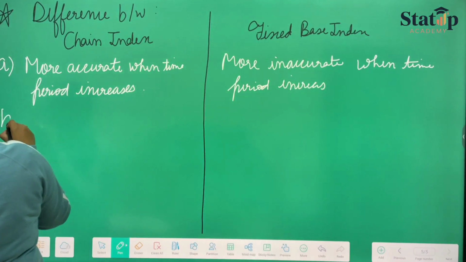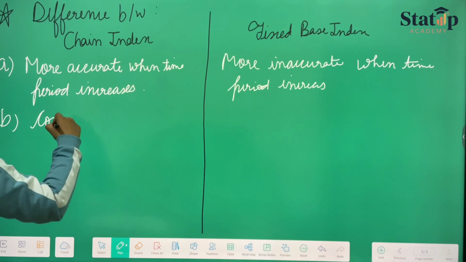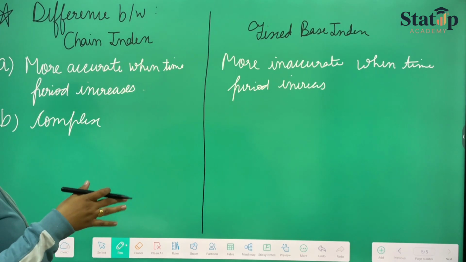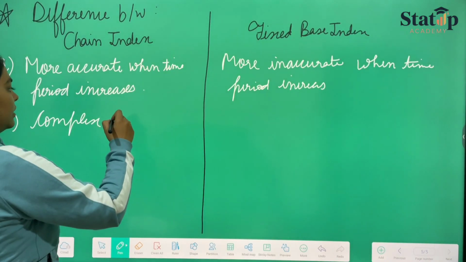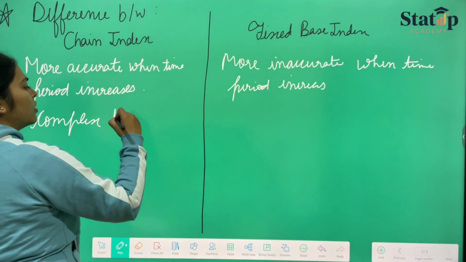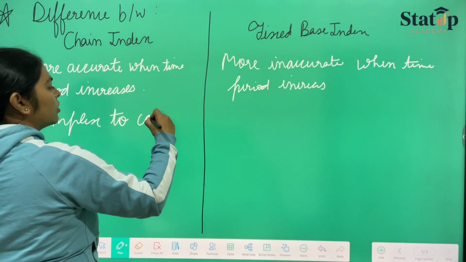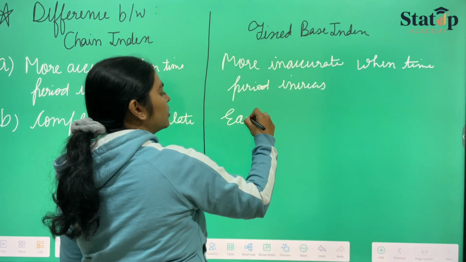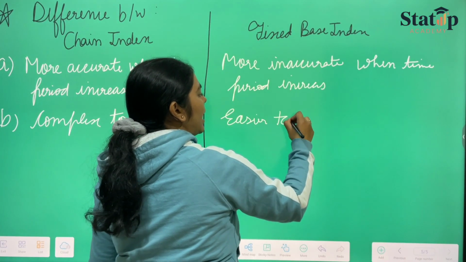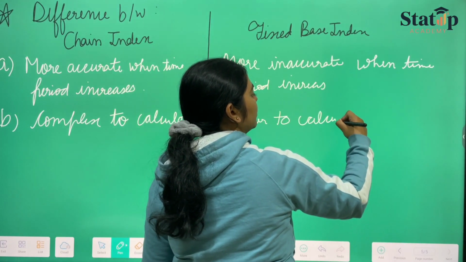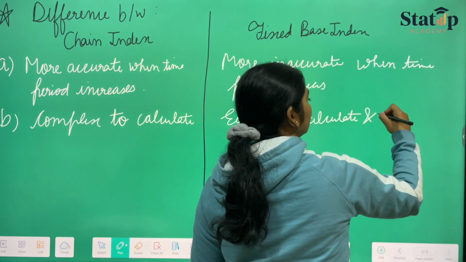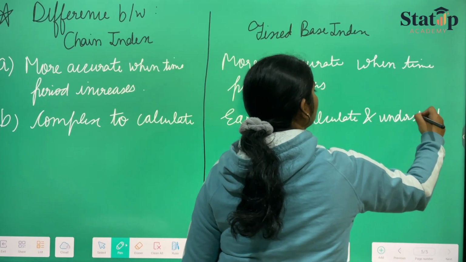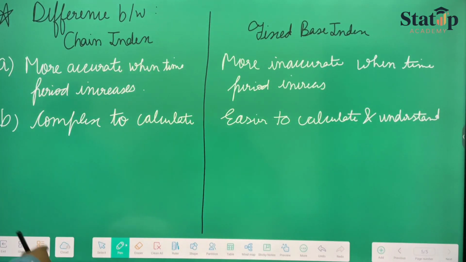Second, chain base index is complex to calculate, as we did now, as compared to fixed base index number. Fixed base is easier to calculate and understand. Right?